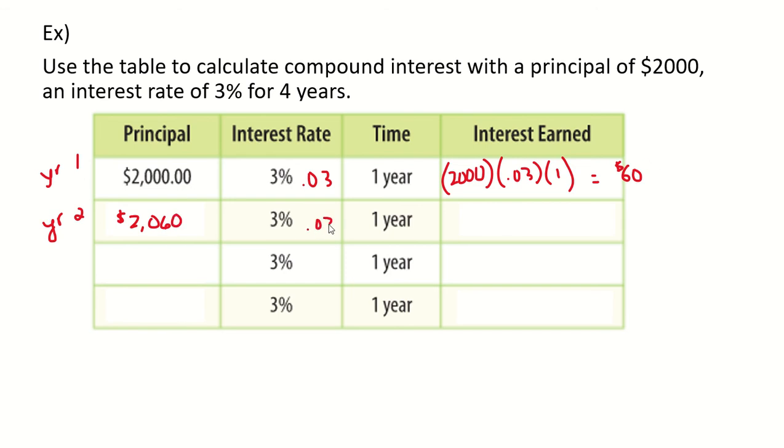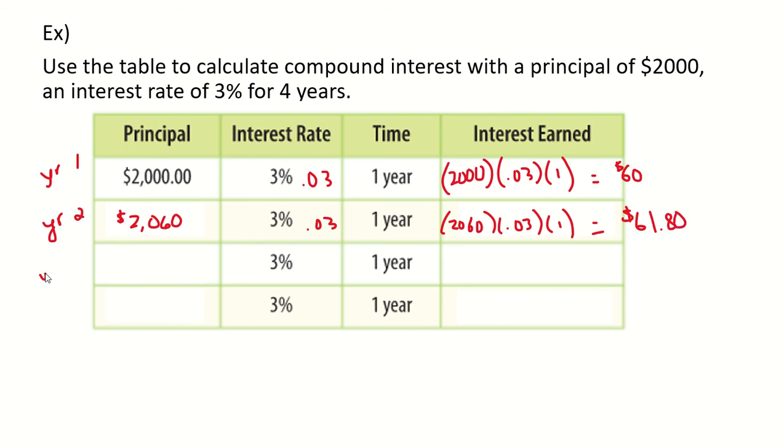And then you're going to calculate this all over again. This time you're going to put 2,060, 0.03, 1, multiply that across, and you're going to get $61.80.